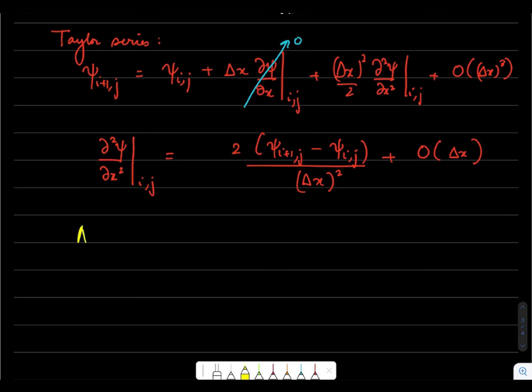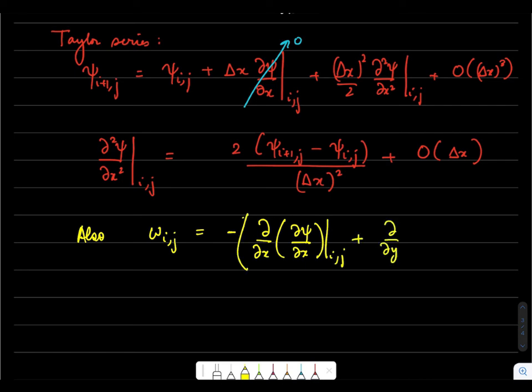Now also note that omega ij at the wall would be minus d by dx of d psi dx at the wall, so I comma j, plus d by dy of d psi dy at I comma j.